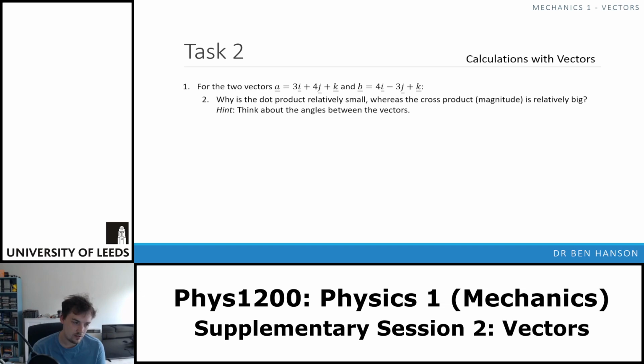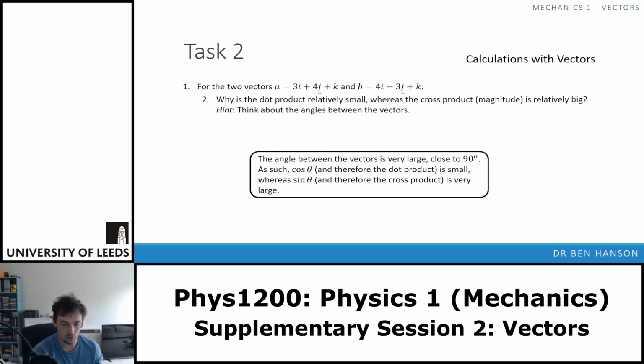On the other hand, if I'd chosen this question to have a very small angle, then the dot product would have been massive and the cross product would have been really small. Because when the angle's close to 0, cos theta is 1, it's at its biggest, and sine theta is small.